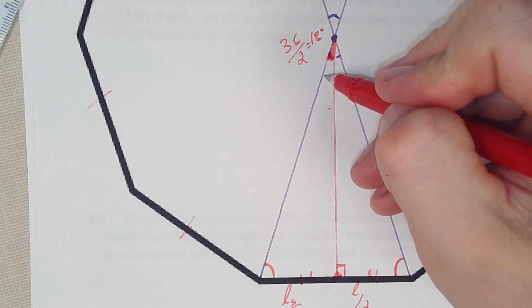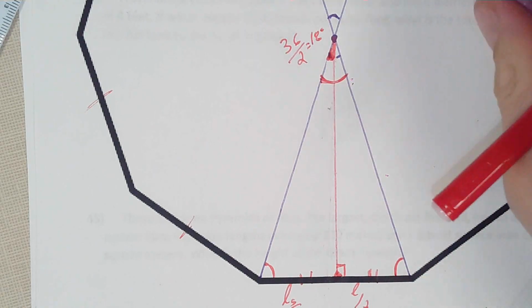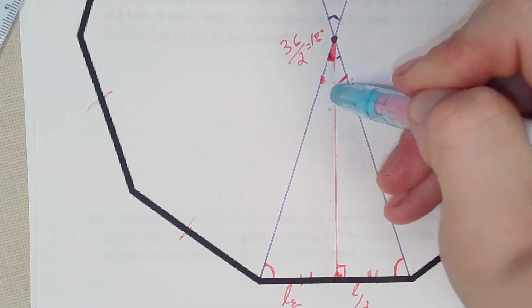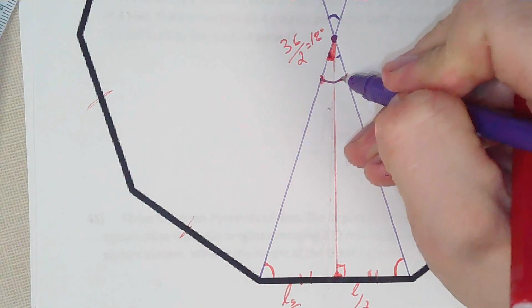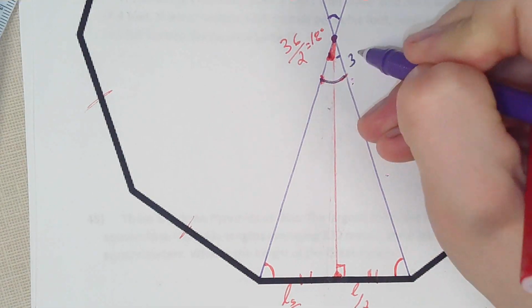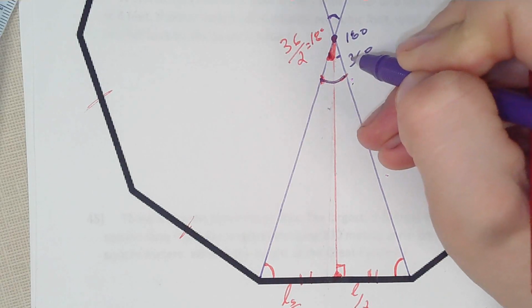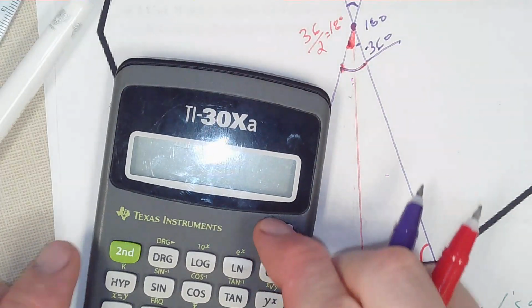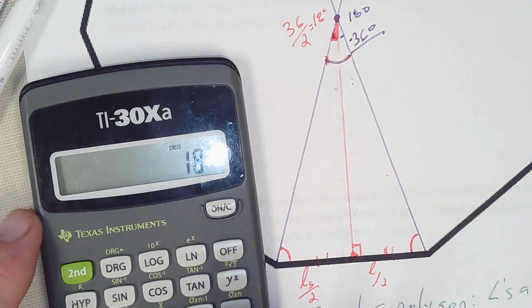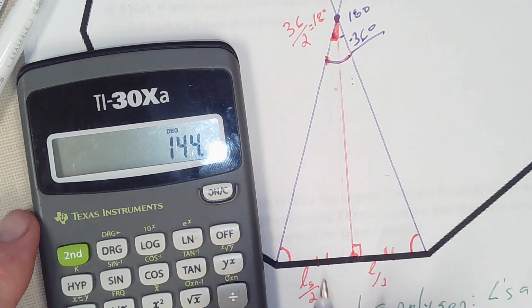This is an isosceles triangle, so that should not be red, that should be purple. This is 36 degrees, so 180 minus 36 is 144, divided by 2.